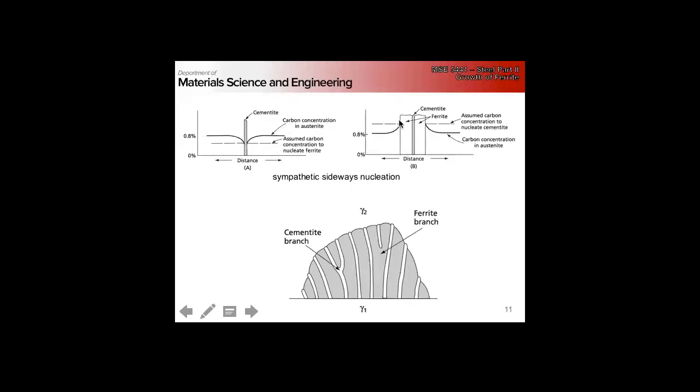The same thing over here: if we have cementite, we have to diffuse carbon into it, away from the austenite, and eventually we will drop down to a level that's low enough to nucleate a new ferrite lath, right? And provided the temperature remains constant, that's why we get this very regular spacing.